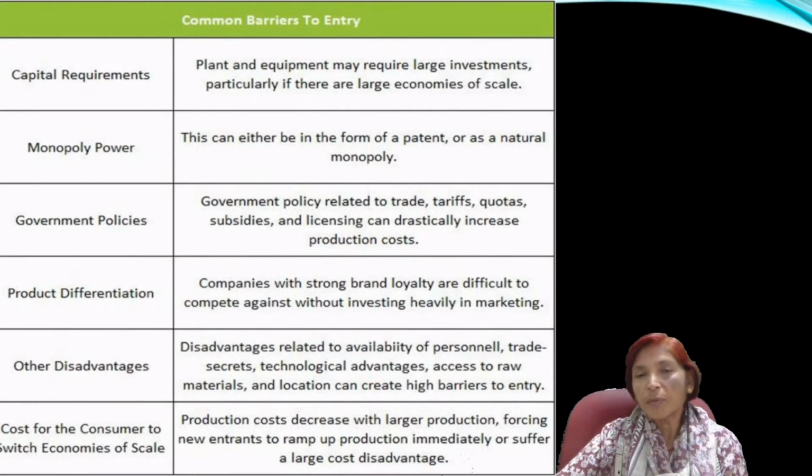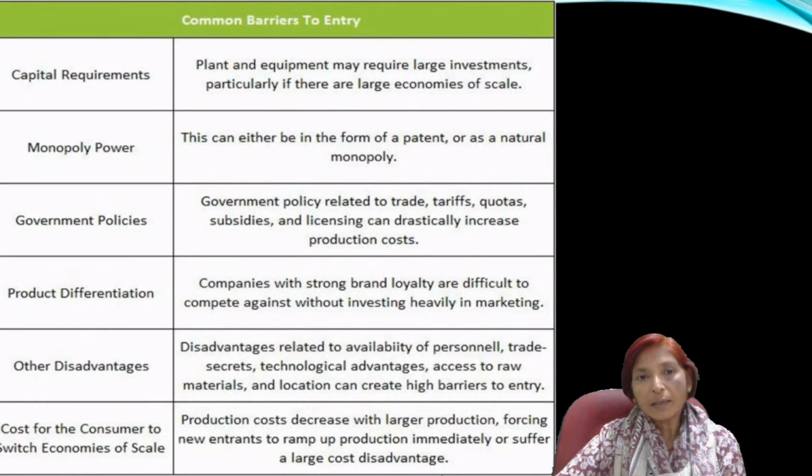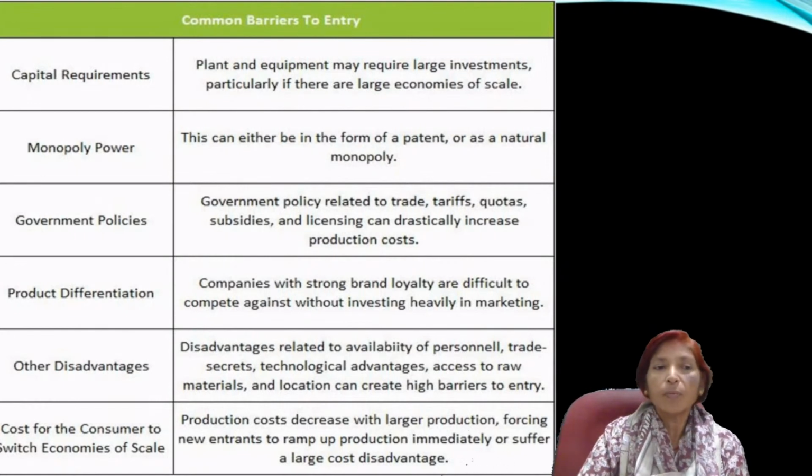So in plant and machinery, if it requires huge or large investment, particularly if there are large economies of scale. And monopoly power, this can either be in the form of a patent or as a natural monopoly.